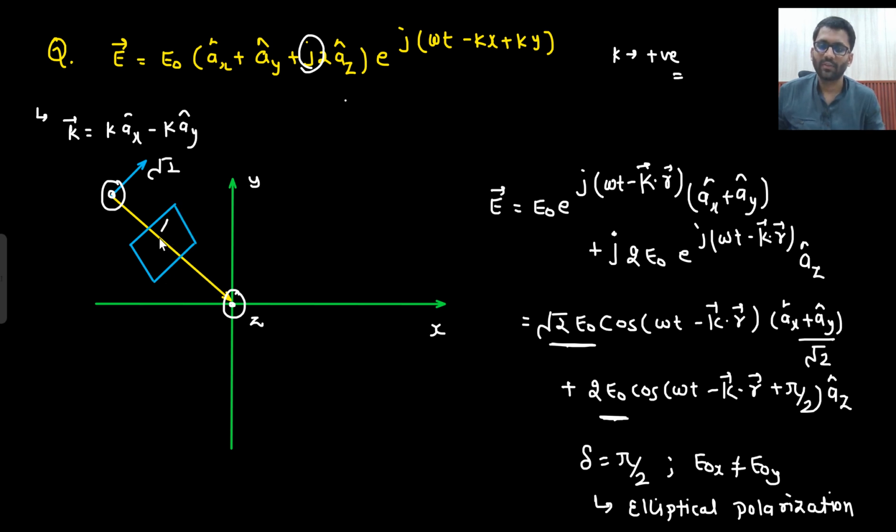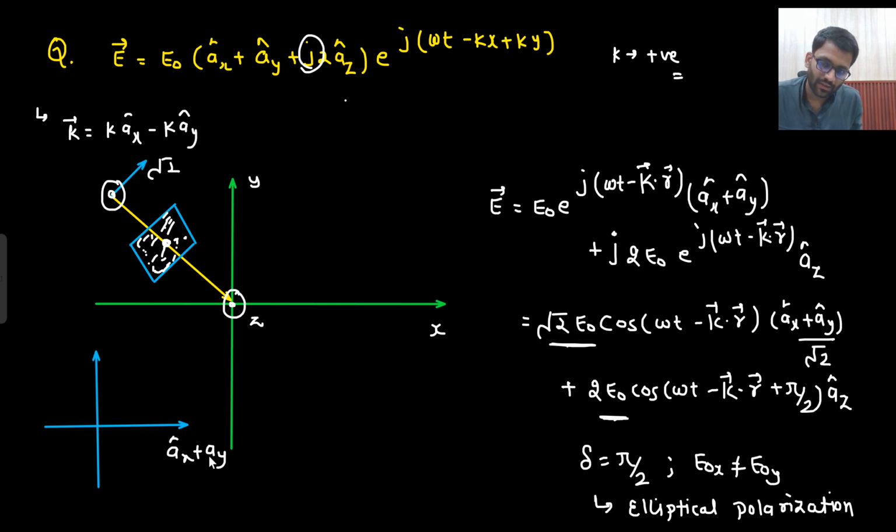Now along this plane, we have two directions. One is ax plus ay. Basically, if I draw the plane, this is my ax plus ay and this is my az.